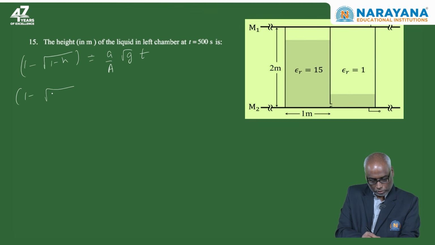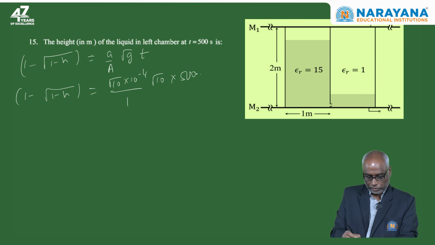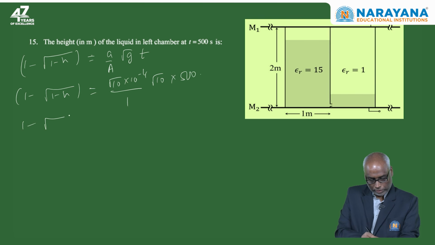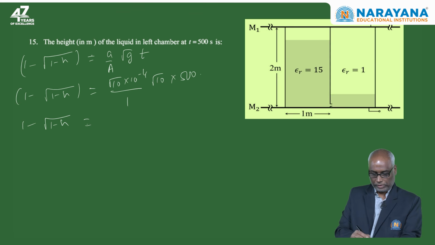So, 1 minus root of (1 minus h) is equal to, the value of small a is root 10 into 10 to the power of minus 4. Capital A is 1 meter by 1 meter, the side is 1 meter, inside depth is 1 meter. So, root g is root 10, into time is 500 seconds. From this equation, 1 minus root of (1 minus h) is equal to root 10 into root 10, which is 10, so 5000 into 10 to the power of minus 4, which is nothing but 0.5.